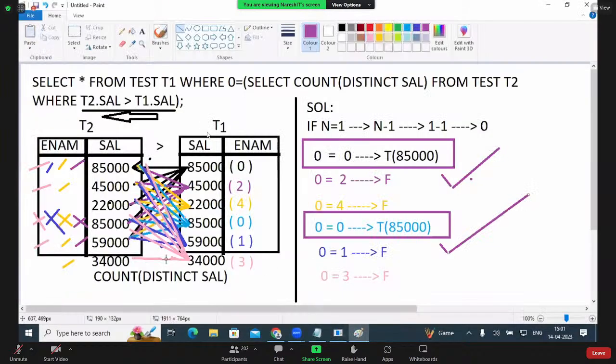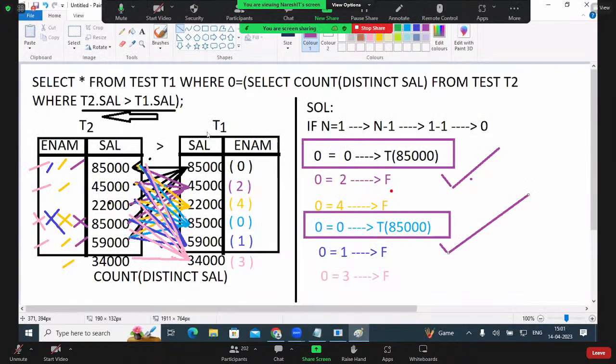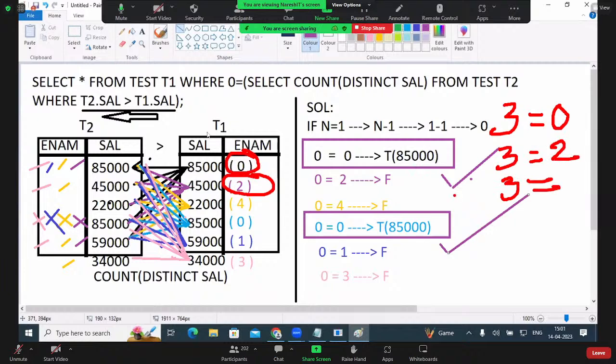Now compare here. Wherever your 3 is satisfied, observe. My outer query 3 equals the inner query. First inner query count is how much? 0. 3 equals 0. Condition true or false? False. Next count, 3 equals 2, false. Next count, 3 equals 4, false.